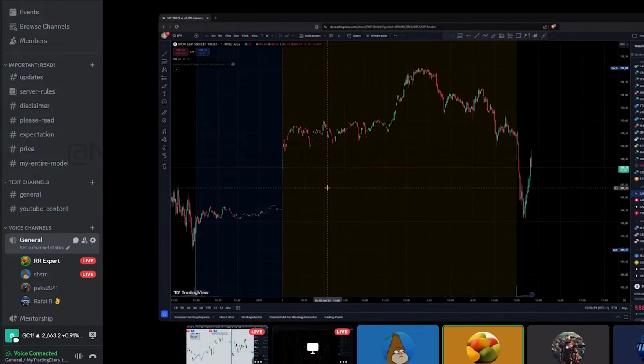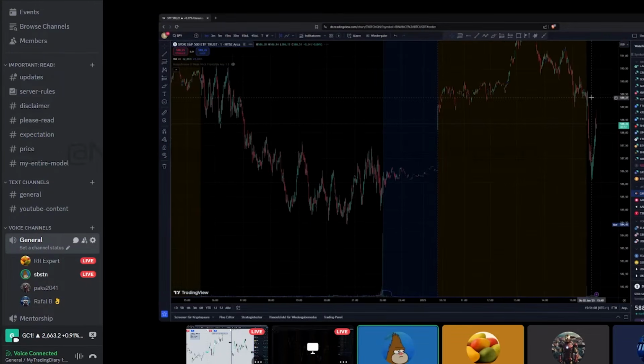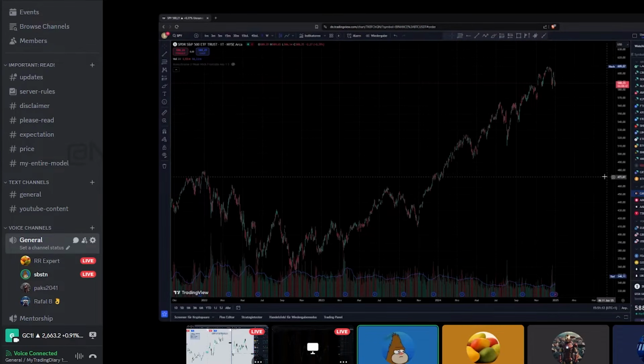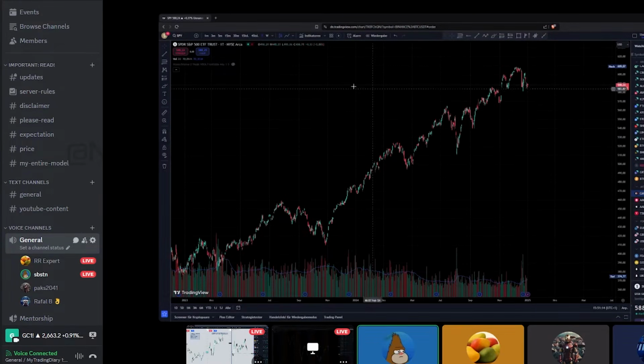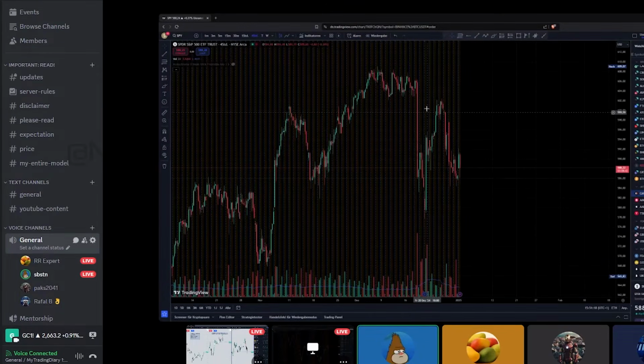But let's say this, what we call support. Where would you then enter if you applied your model? What would you be looking for? Well, when I see the chart coming down here, let's start with the daily. We are definitely in an uptrend, but lately, because I've followed the S&P, we're on a small downtrend, I would say, because we came up here and fell down again.